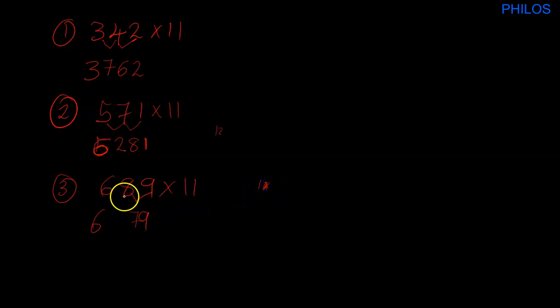So then you add the middle number to the 6. So 8 plus 6 gives you 14. When you add a 1 to this one, it gives you 15. So you need to write only the 5, and then the remainder 1 you add it to the 6 to give you 7. So 689 times 11 is 7,579.